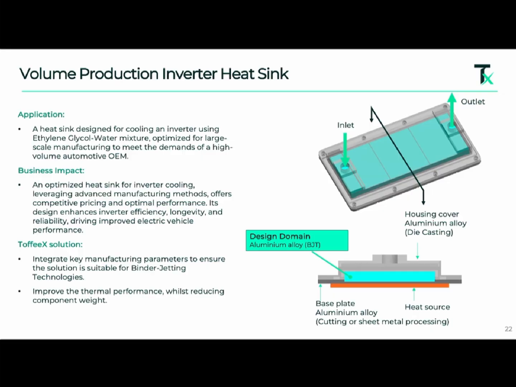One of the things that needs to be cooled down is an AC/DC inverter. It generates a bunch of heat. We don't like this. They set up a ToffeeX design problem for an AC/DC inverter, and they wanted to manufacture it using their binder jetting technology. But as we'll talk about a little bit later, it's a little bit more interesting than that.